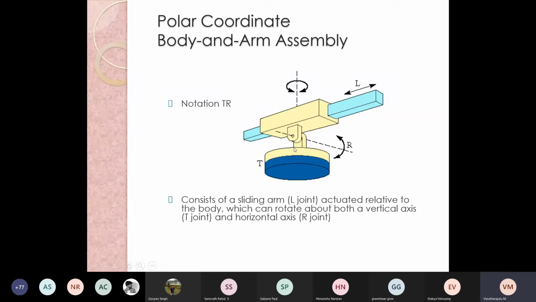This type of joint is called the rotational joint. Once again, it provides rotational motion of the joint perpendicular to the axis of the two links.